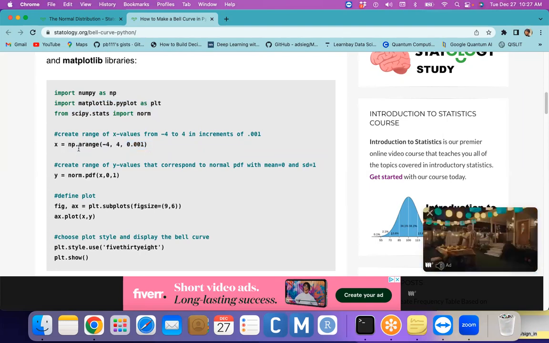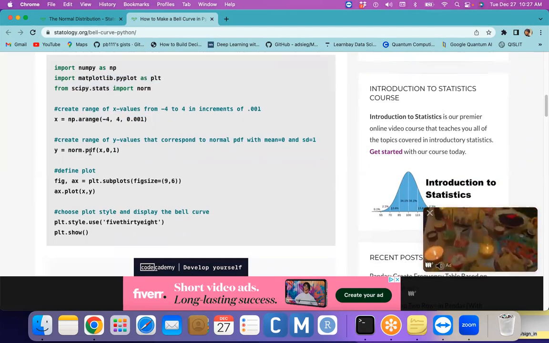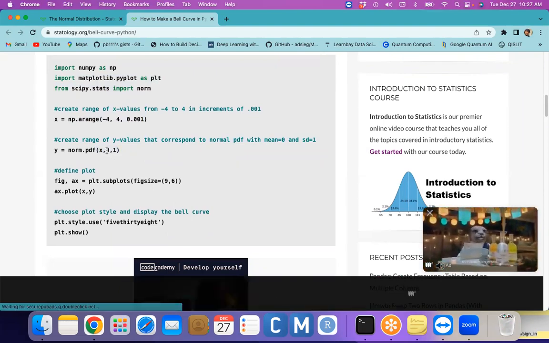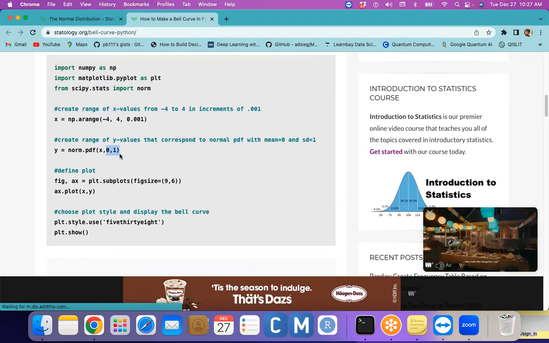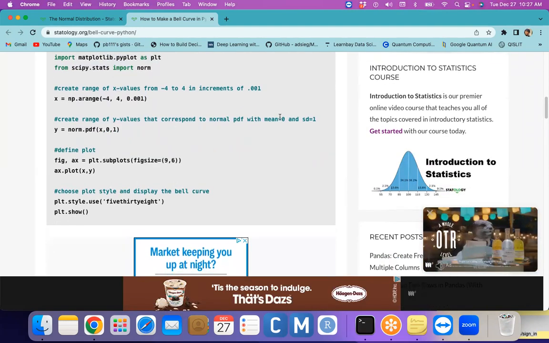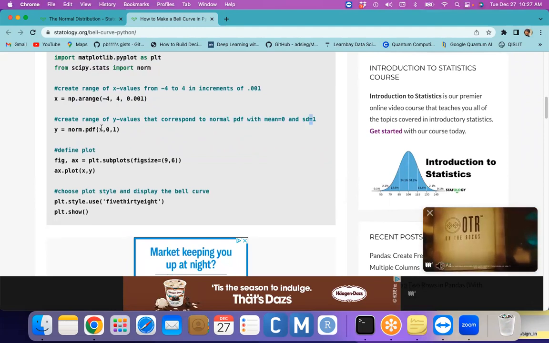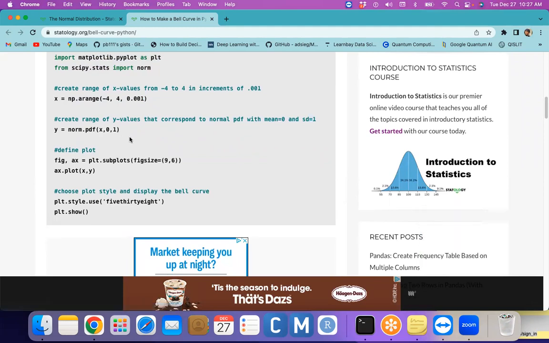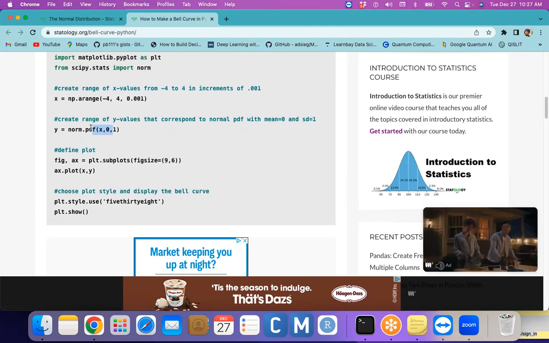Okay, and now we are doing the probability distribution, with mean 0 and standard deviation 1. So with mean 0 and standard deviation 1, we are creating the probability distribution. Norm means normal distribution.